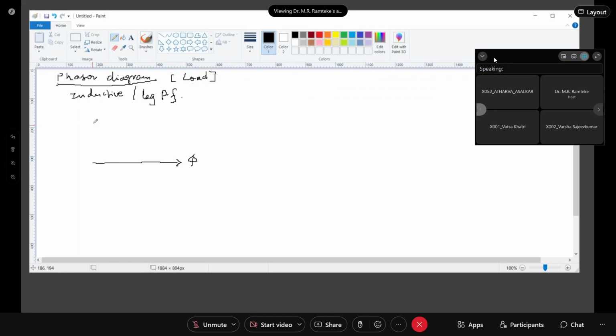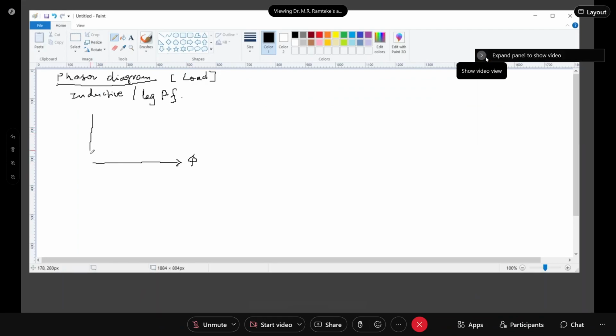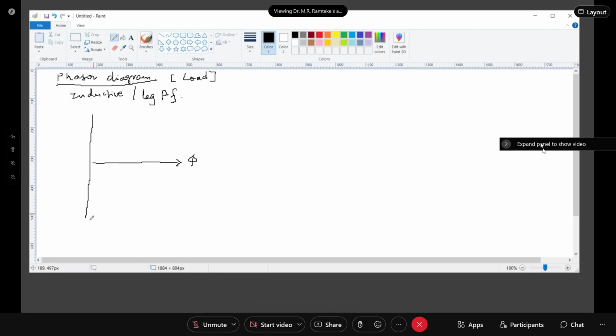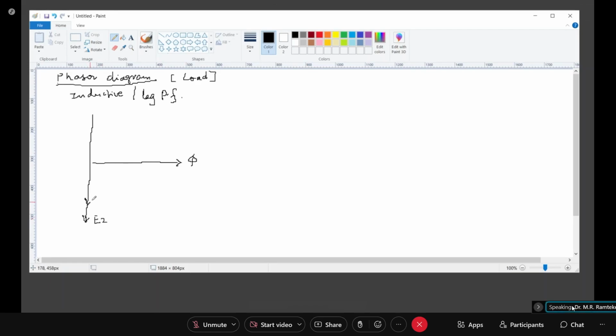And as you know, this will be my E2. E1 and E2 are in phase, the induced voltages are in phase. Clear? So this is minus E1. It is the reverse vector, so it is minus E1.